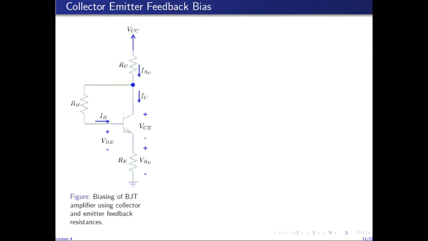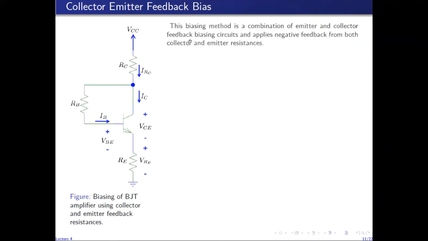The next biasing scheme is called collector emitter feedback bias, and again, as the name suggests, this is a combination of collector and emitter feedback bias, in which we have the collector resistance and the emitter resistance both providing the negative feedback.